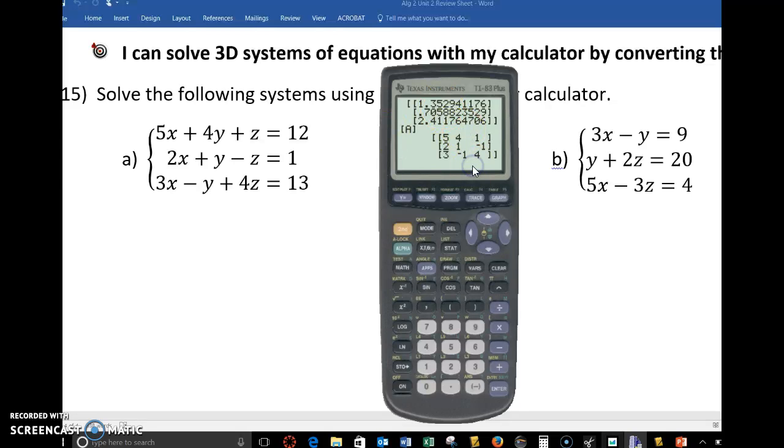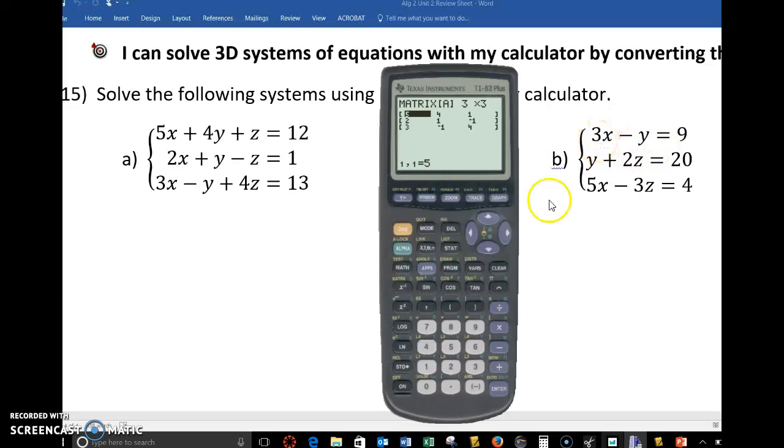Let's do the same thing with the next system. This is going to be a little more difficult to enter. I still want matrix A to be a 3 by 3 matrix, but I have to be really careful, because I'm missing something in each row.